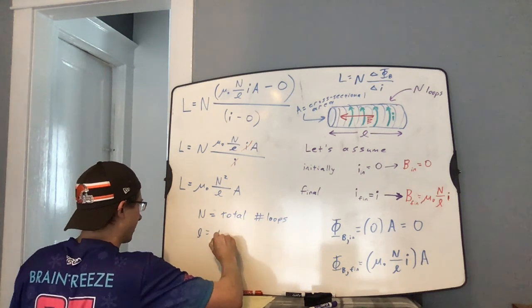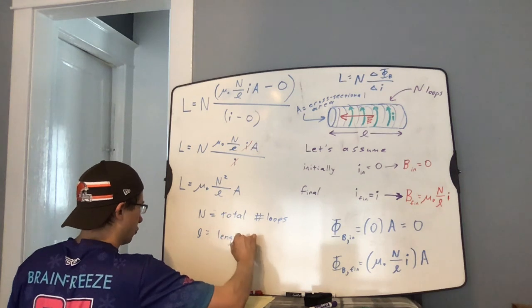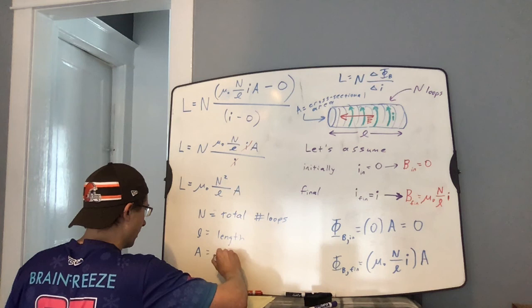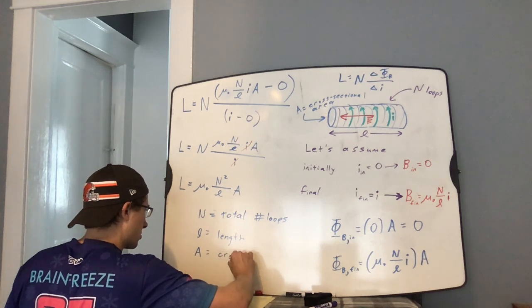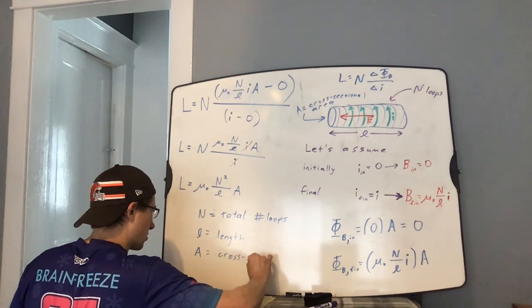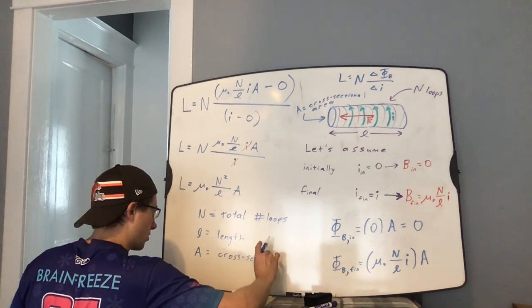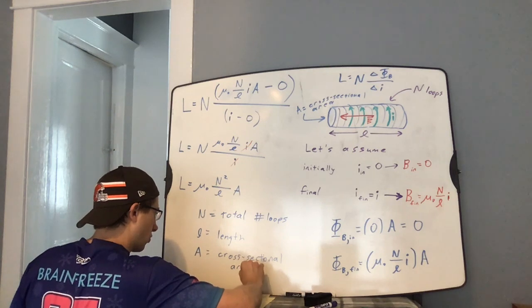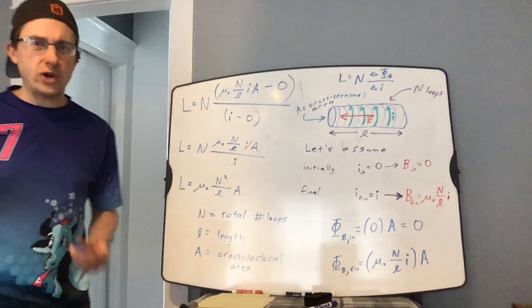L is the length, which will be measured in meters. A is the cross-sectional area, which will be measured in meters squared.